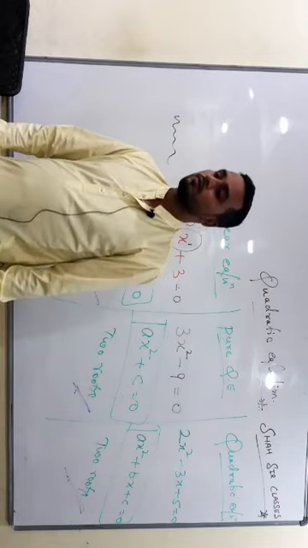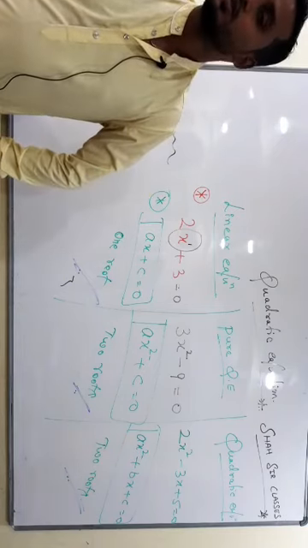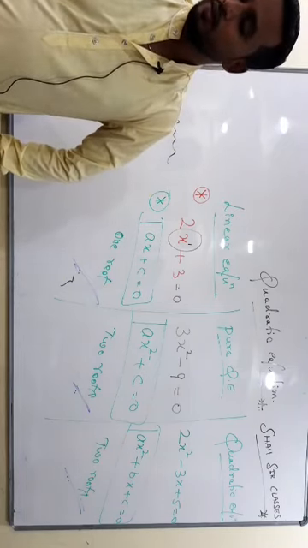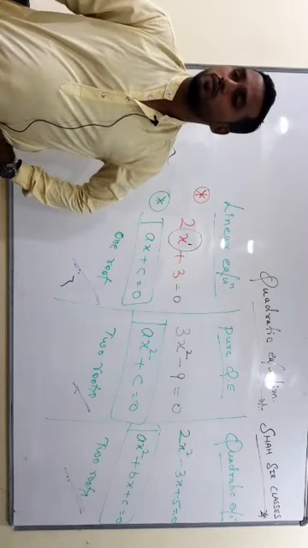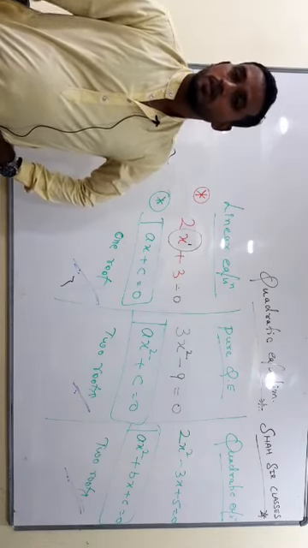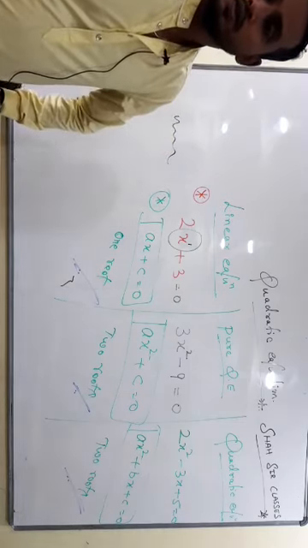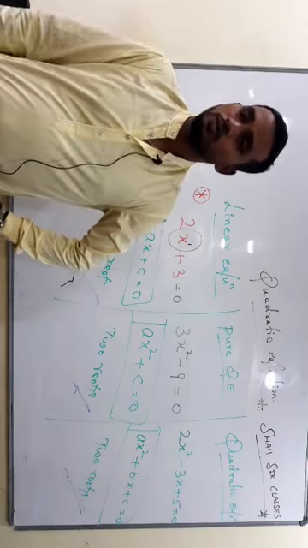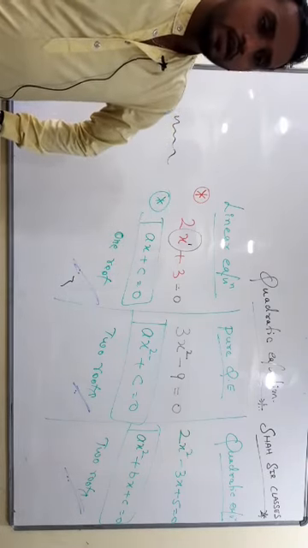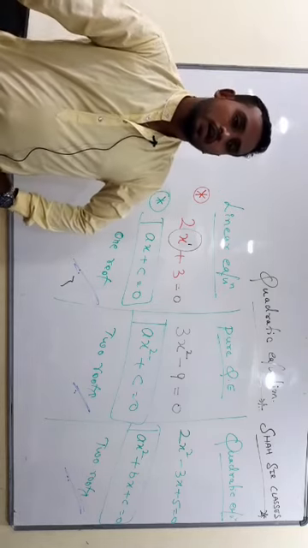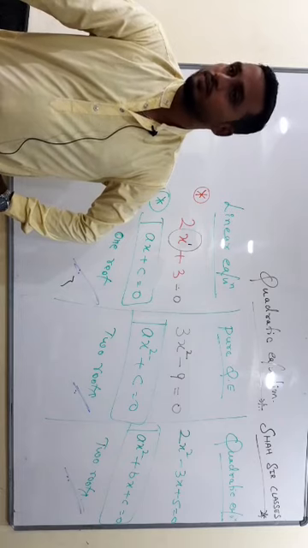Standard form: ax square plus bx plus c is equals to 0, where a, b and c are coefficients or constants.